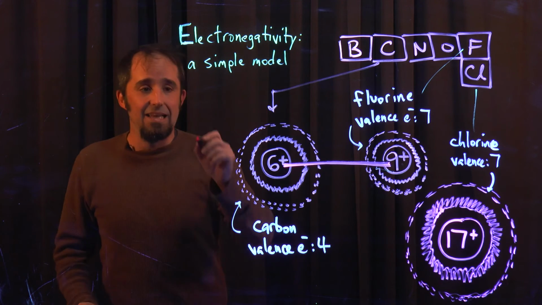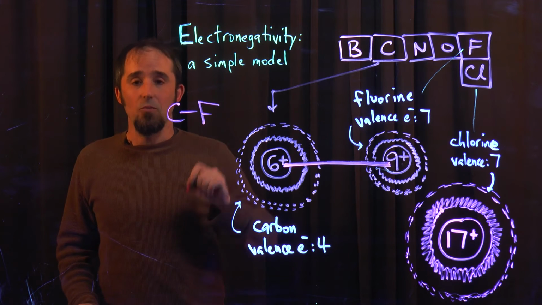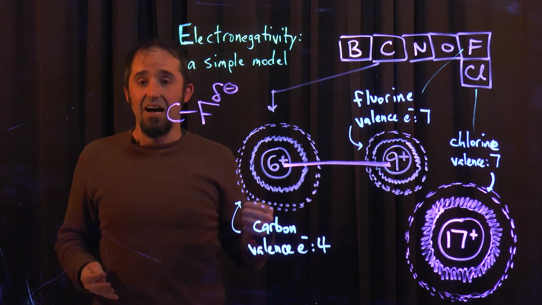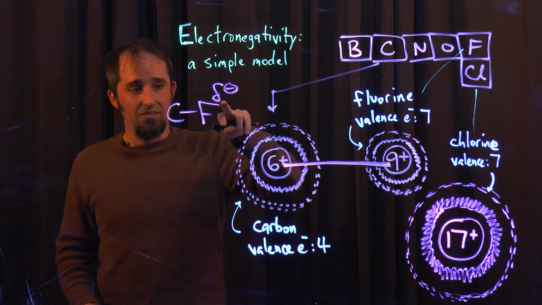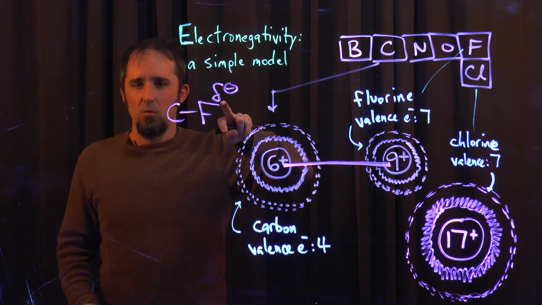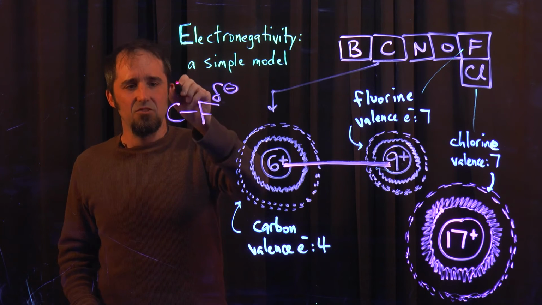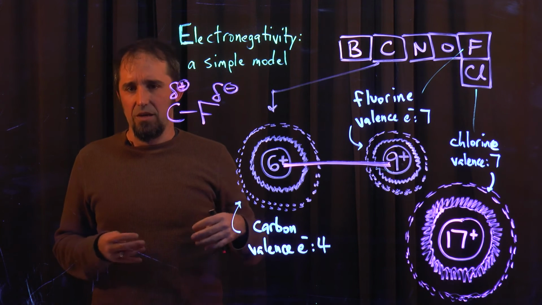And that's what we mean by electronegativity. In a carbon-fluorine bond, there is greater electron density on fluorine. So sometimes we draw this little weird-looking delta, which means it's not a full charge, but it's a little bit of a negative charge, and this carbon has a little bit of a positive charge.